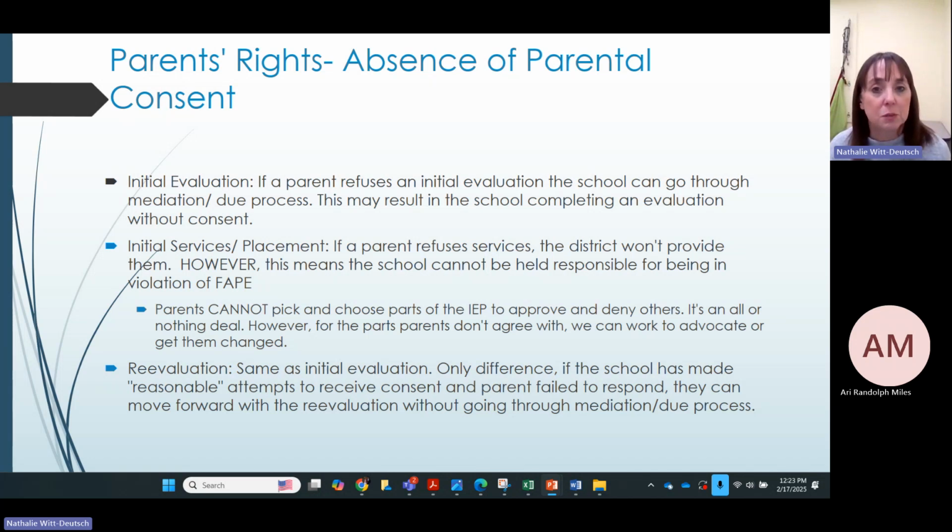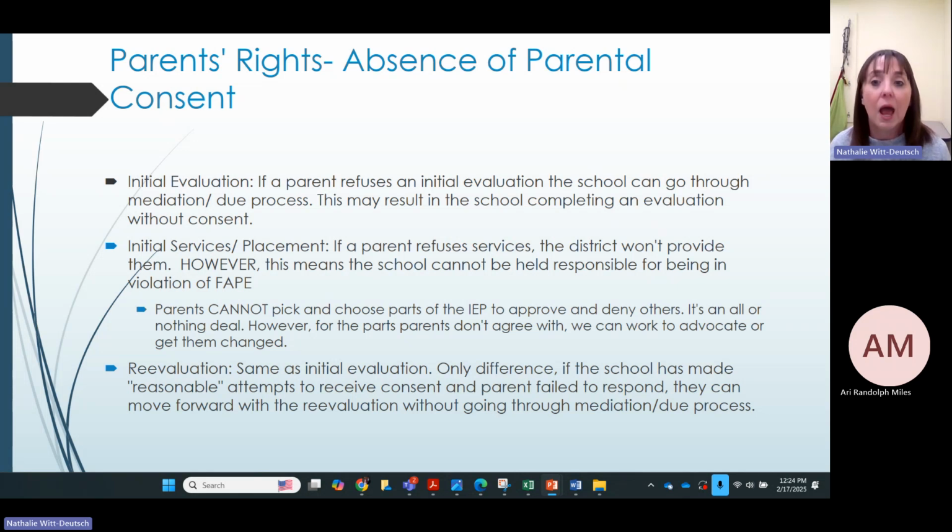Initial services and placement: if a parent refuses services, the district just won't provide them. They won't be responsible to any rules in terms of FAPE, providing that free and appropriate public education with those services. All in all, you can't pick and choose which parts of the IEP to approve and which ones to deny.